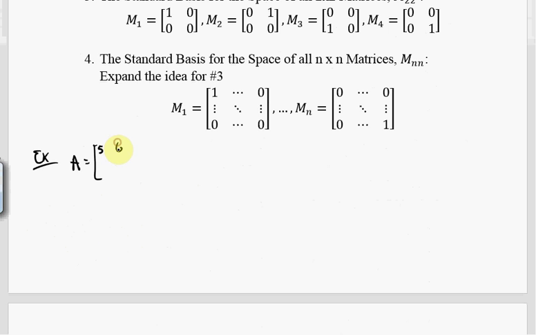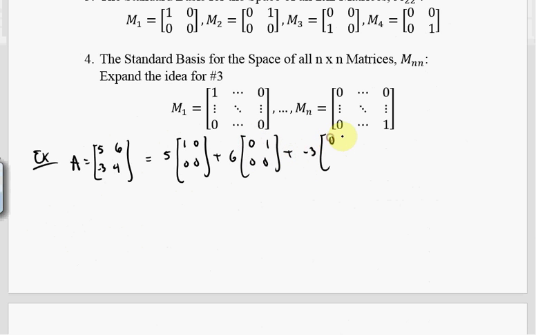You know, 5, 6, say -3 and 4. Well, this looks like 5 times 1, 0, 0, 0, plus 6 times 0, 1, 0, 0, plus -3 times 0, 0, 1, 0, plus 4 times 0, 0, 0, 1.